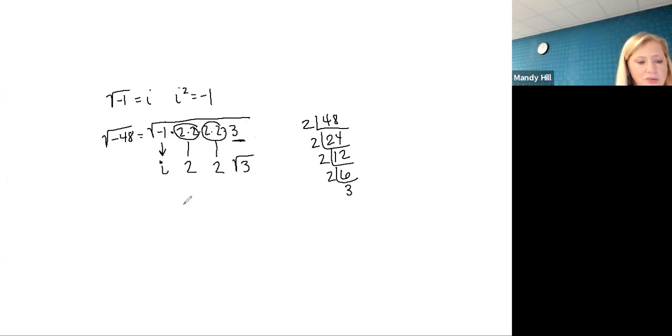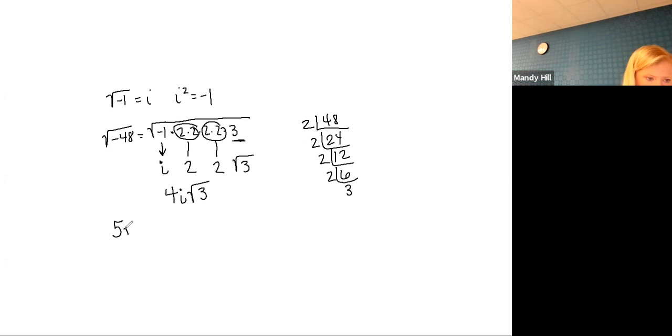It's just going to stay square root of 3. We're going to multiply the 2 times 2 together, which is not going to be 2, it's going to be 4, right? And so we're going to have 4. Then most of the time people put the i in the back of the number and then the square root at the end.